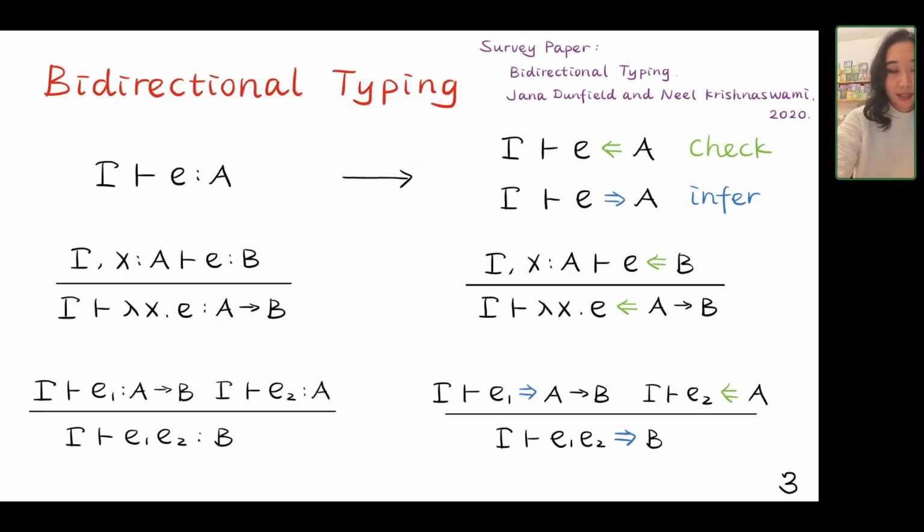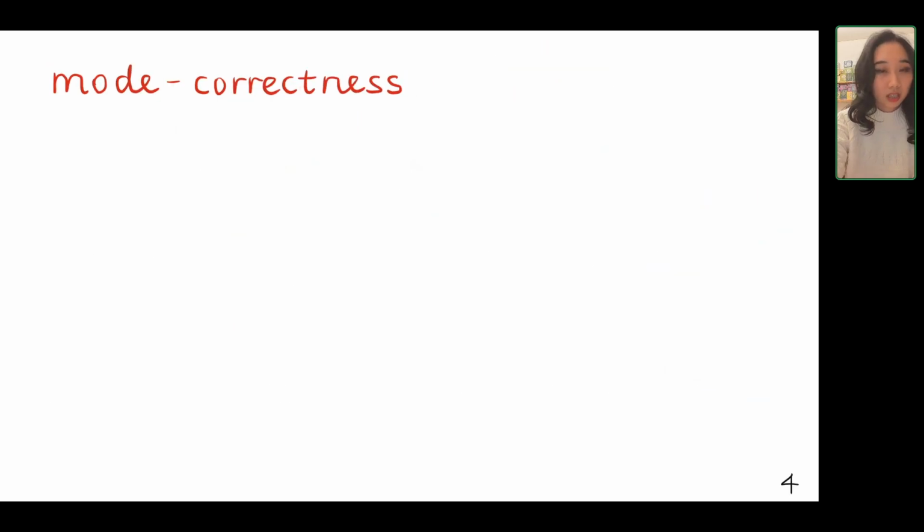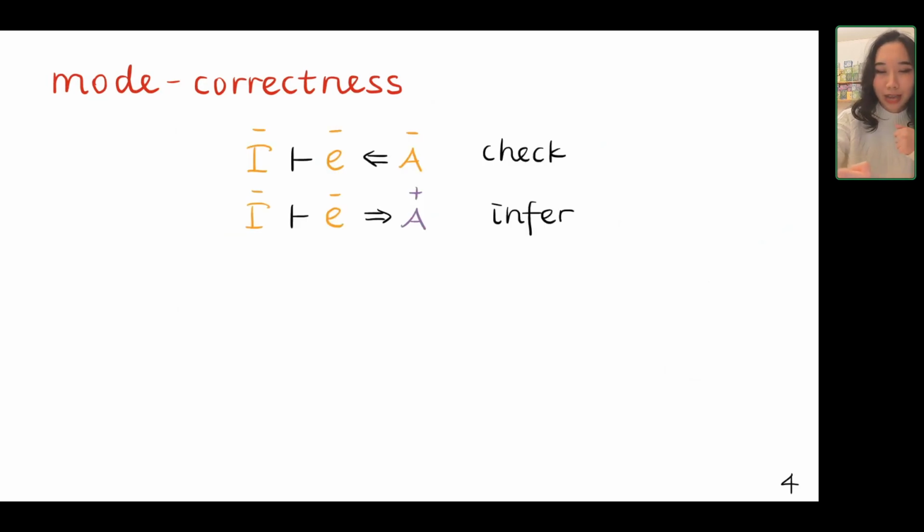The most important criterion in crafting bidirectional type systems is called mode correctness. What does this mean? Well, the main difference from a normal type system is that now the judgments have a direction to them. So instead of a relation, now there are partial functions. Check takes three inputs: context, term, and type.